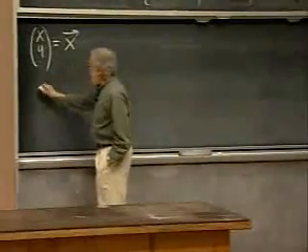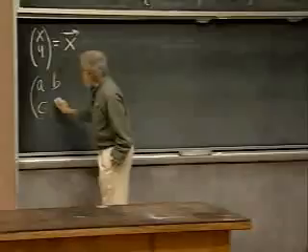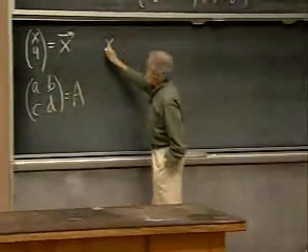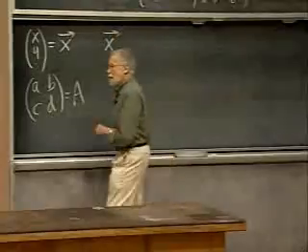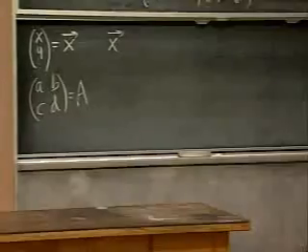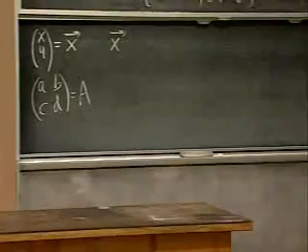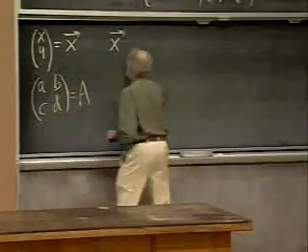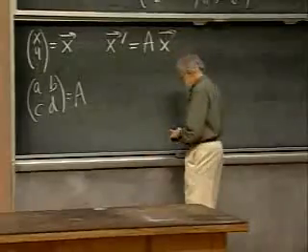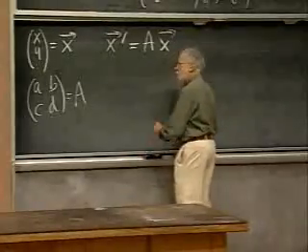The matrix A, I'll abbreviate with capital A, as I did before. And then the system looks like x prime is equal to... x prime is what? Ax. That's all there is to it. So there's our green system.